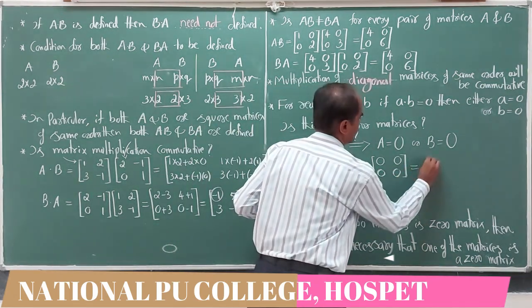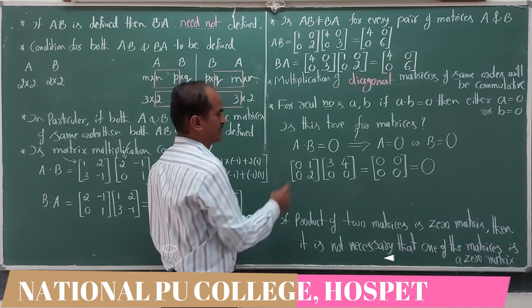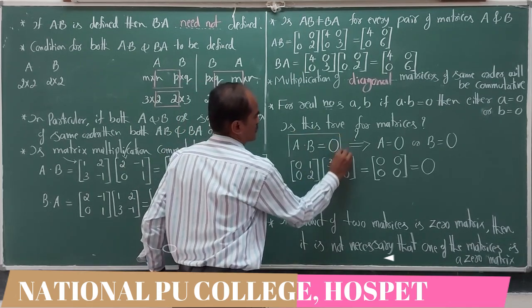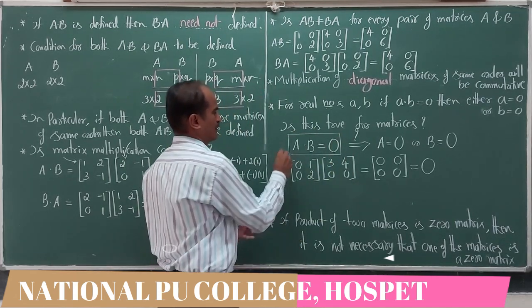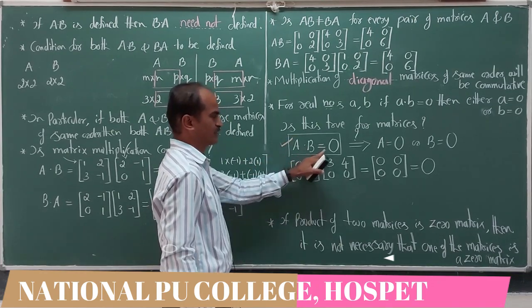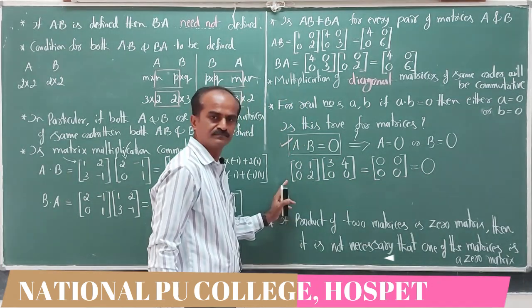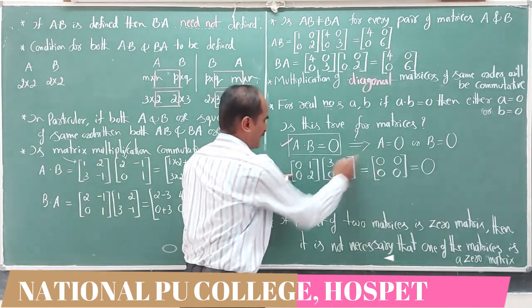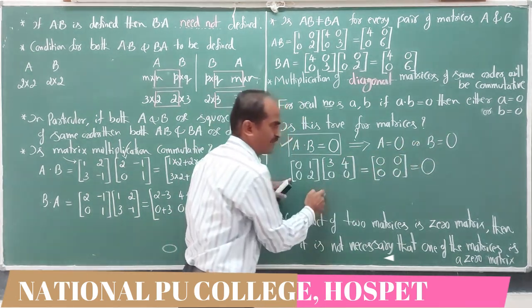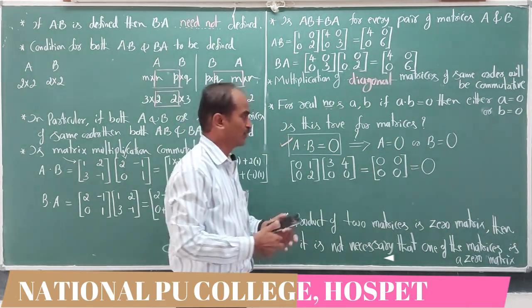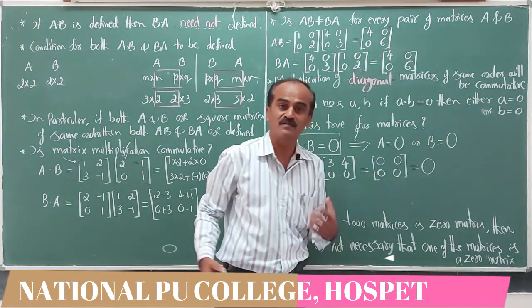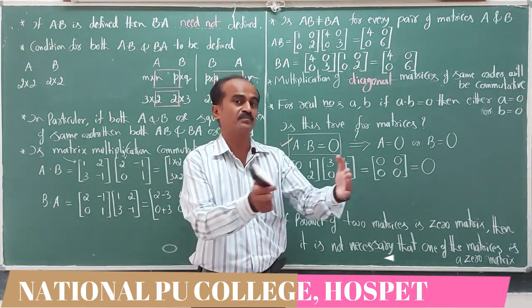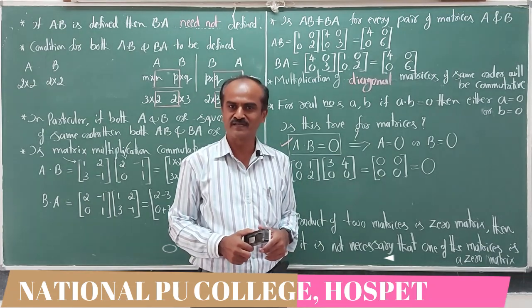You are going to get a null matrix. This means this statement is true: A into B gives us a null matrix. Does this imply A is a null matrix or B is a null matrix? No. Even though A is not a null matrix and B is not a null matrix, their product is found to be a null matrix.